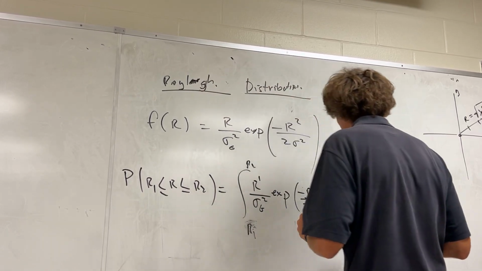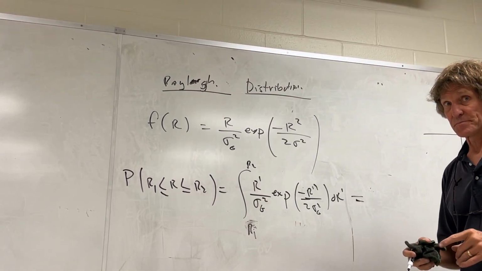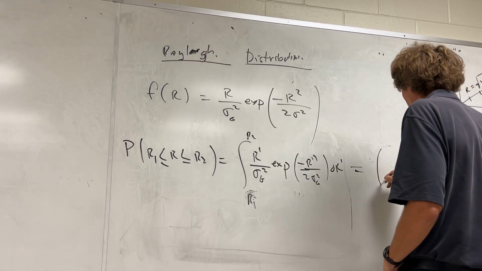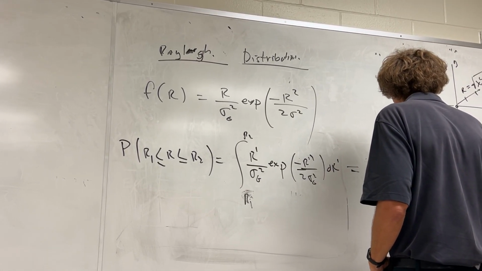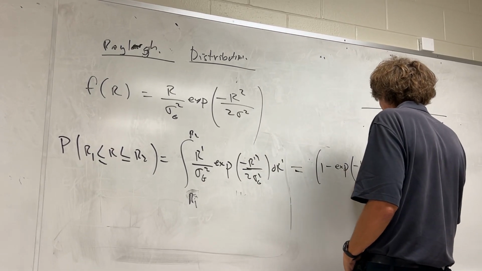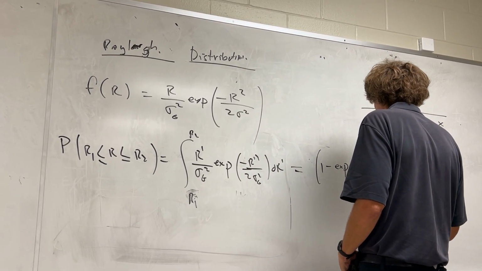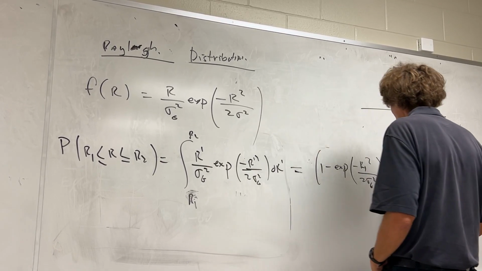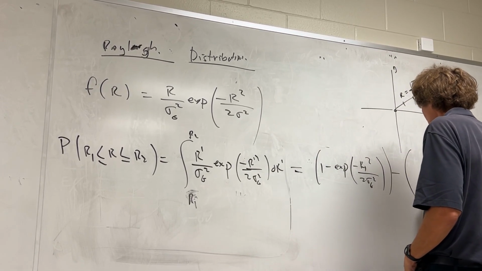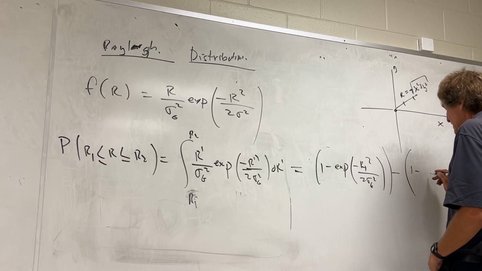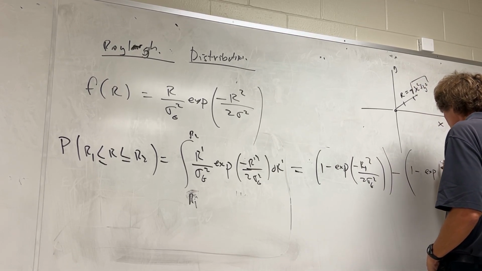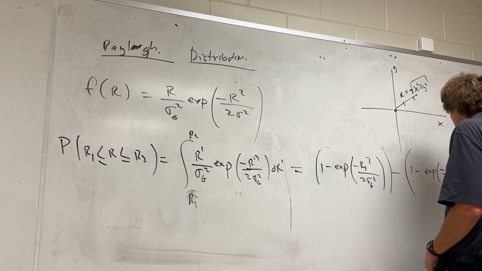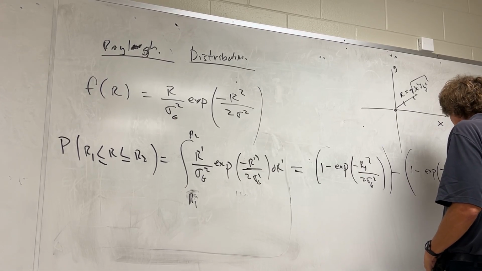And what that amounts to is this. The probability is going to be 1 minus exp to the minus r1 squared over 2 sigma Gaussian squared, minus 1 minus exp to the minus r2 squared over 2 sigma Gaussian squared.